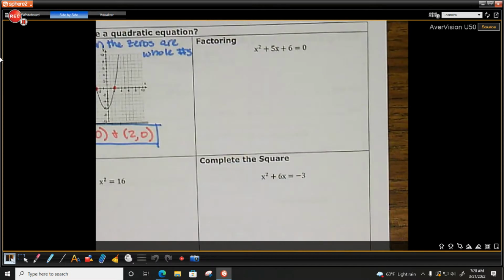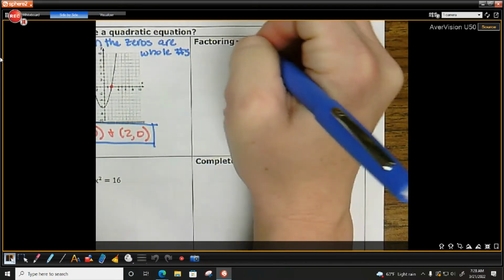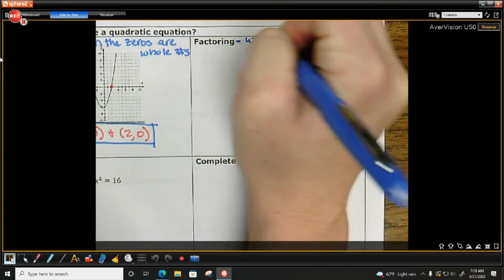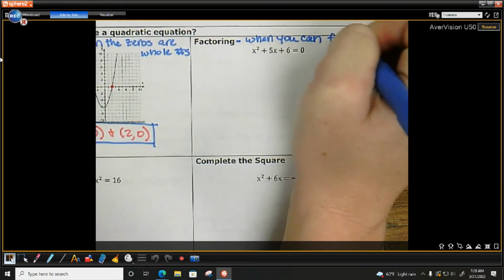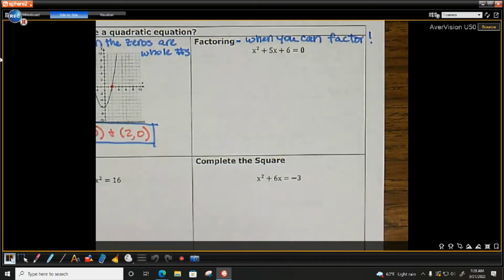Okay, next, solve by factoring. You can solve by factoring when you can factor. You can't solve by factoring if the problem doesn't factor.